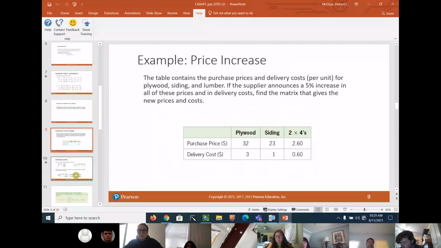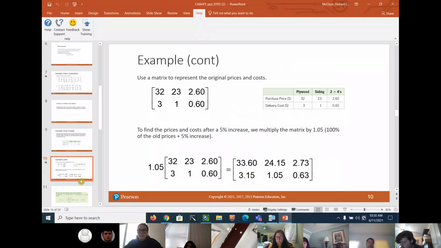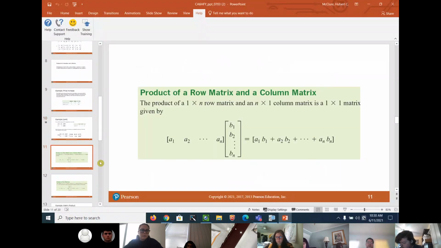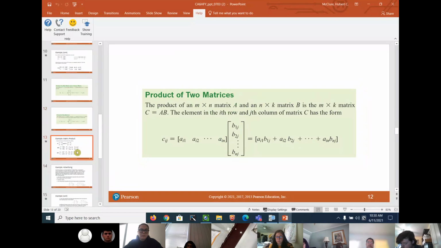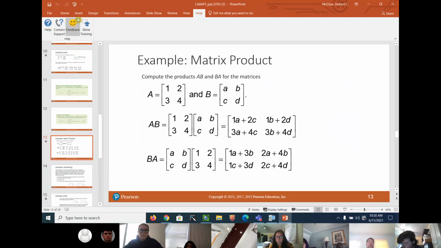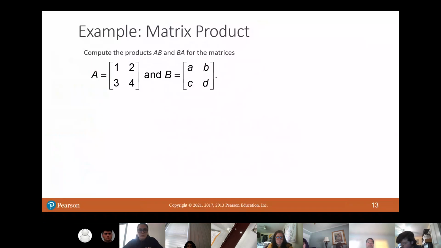Multiplying. I would like to start, that's where you do row and column. Okay, row and column.